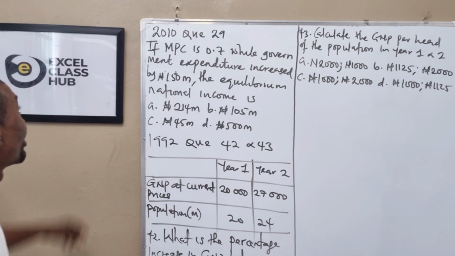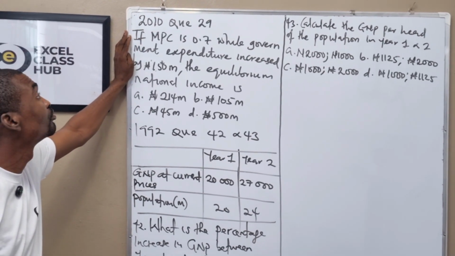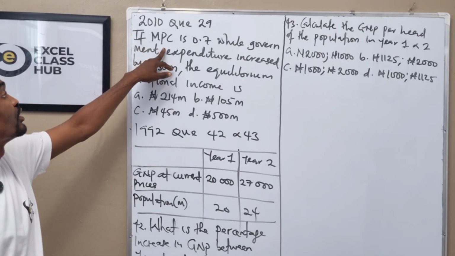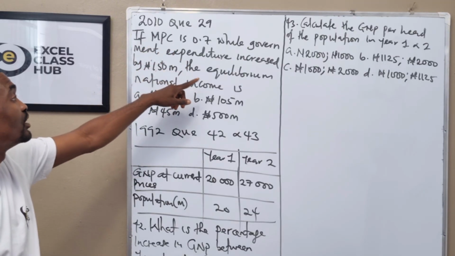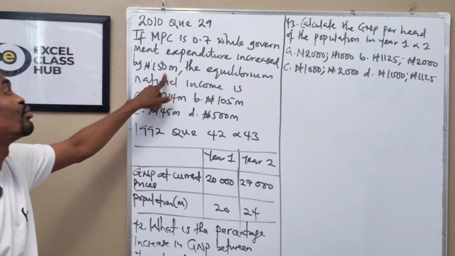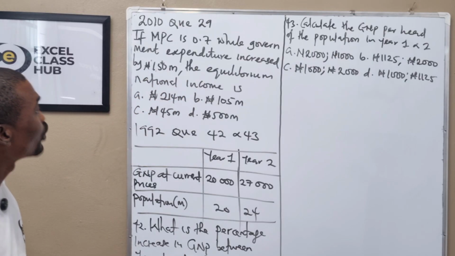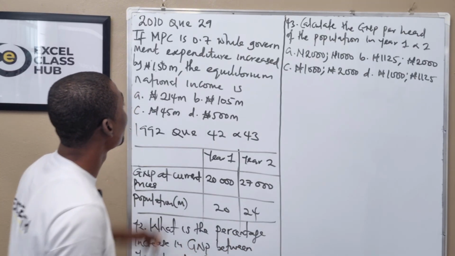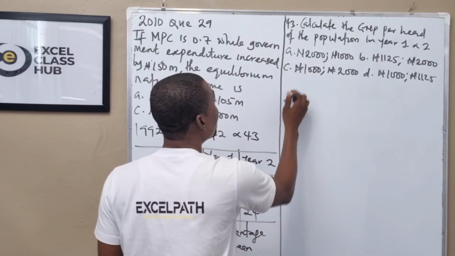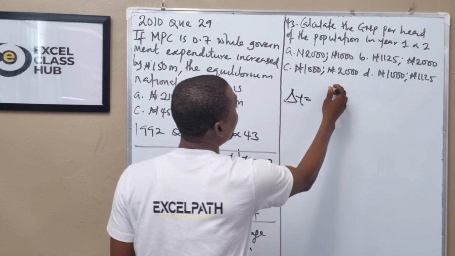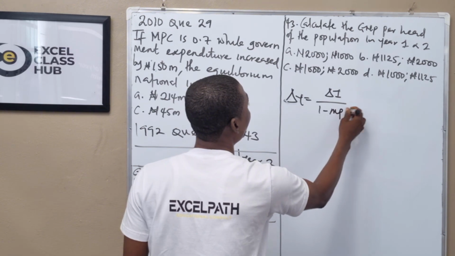All right, we are going to be solving question 2010, question 29. If the MPC is 0.7, while government expenditure increased by 150 million naira, the equilibrium national income is, you apply your formula. We are asked to calculate the equilibrium national income, which is change in income equals change in investment all over 1 minus MPC.